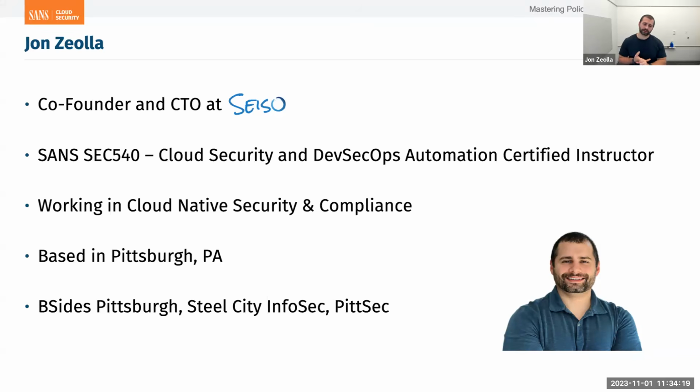Or if you're just working with other regulated industries, you might need HITRUST or HIPAA or ISO 27001 SOC 2. All of those programs have a long list of requirements. What policy as code is going to let us do is automate away some of those requirements and replace meetings with automation. That's why I love it, because I'm not a huge fan of meetings. So that's what we're going to be covering today.